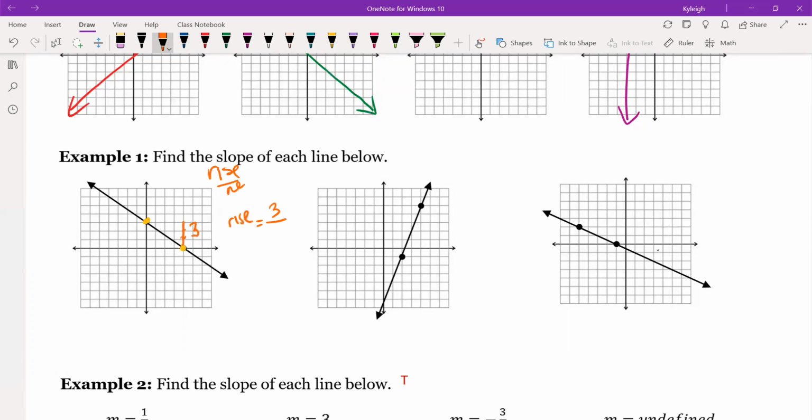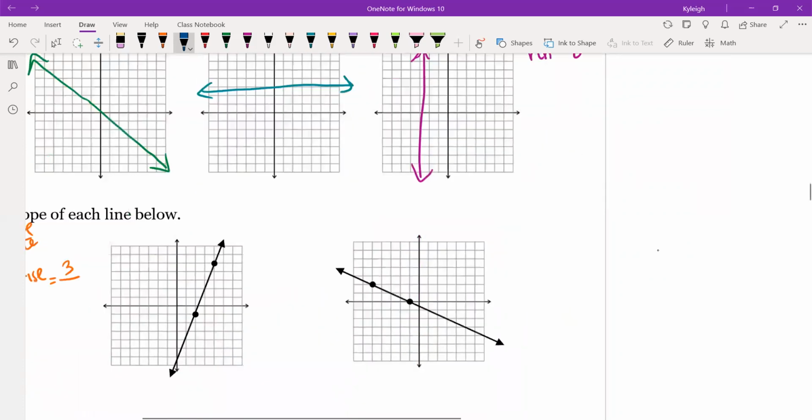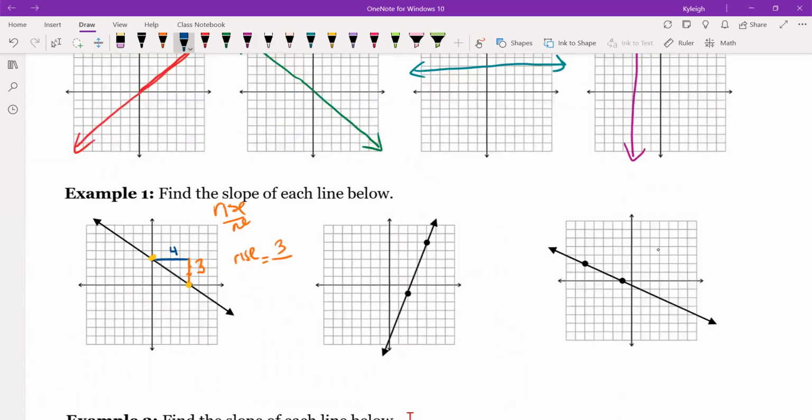And our run is over to the left, 1, 2, 3, 4. But left is negative, so we go -4. So our slope is 3 over -4.